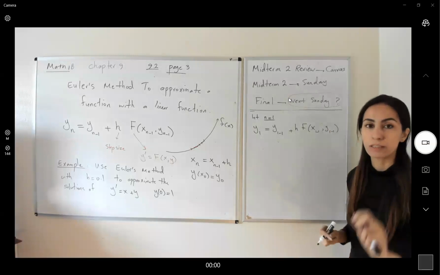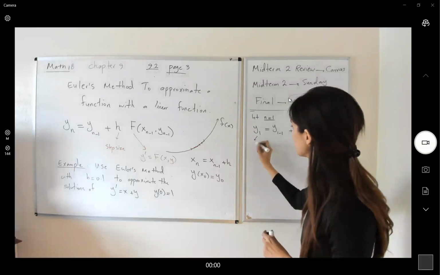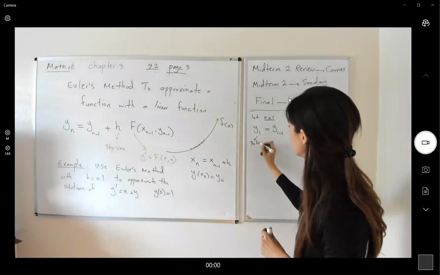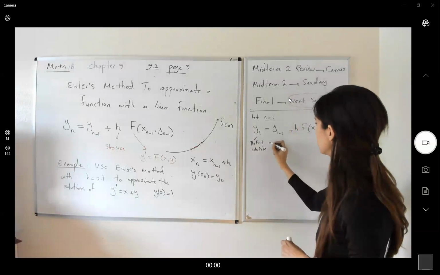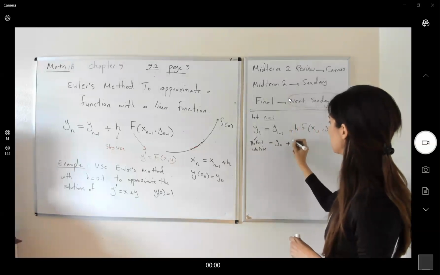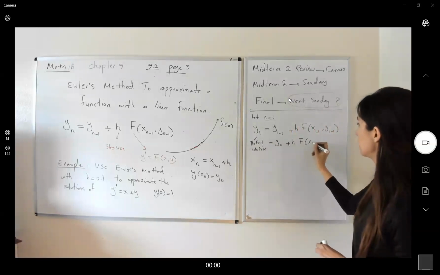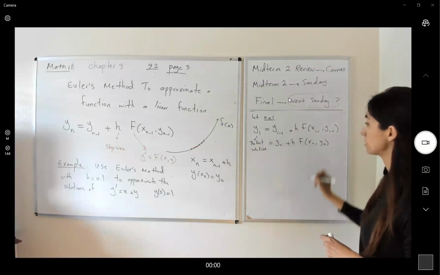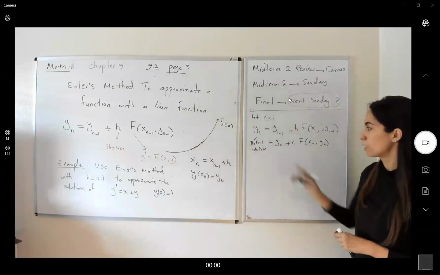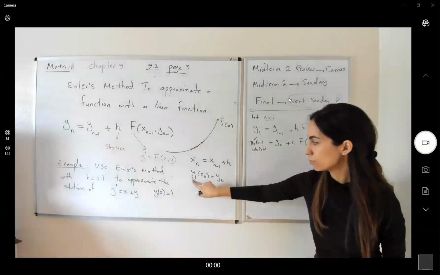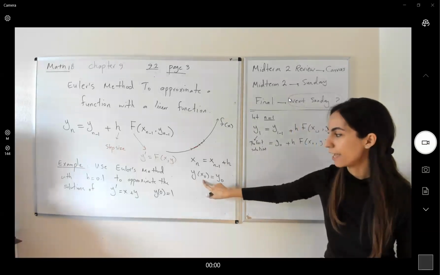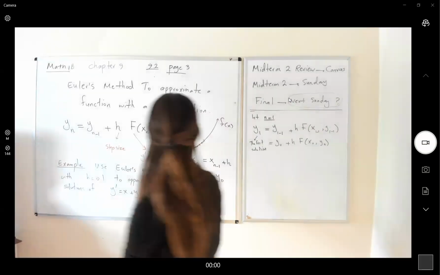So y1, the first solution, the first y value is equal to y sub 0 plus h, f of x sub 0, y sub 0. So what is y sub 0? Y sub 0 is equal to y at x sub 0.